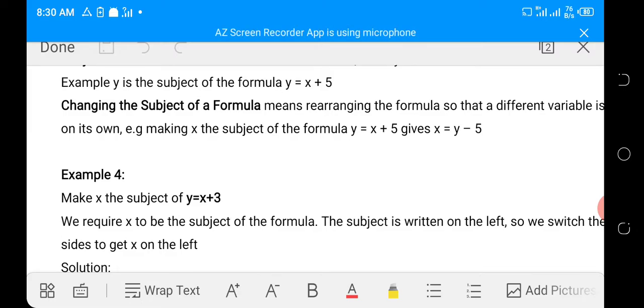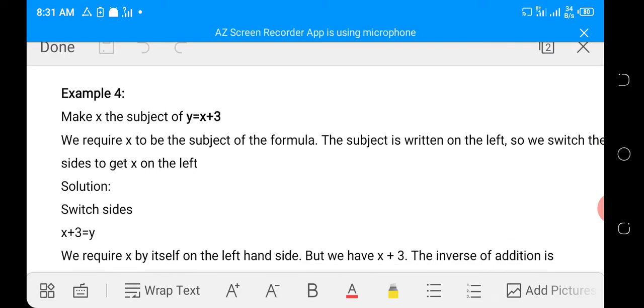The original formula is y is equal to x plus 5, and this has been rearranged to give us x is equal to y minus 5. In this case, x has been made the subject of the formula. To have a clear understanding of this, let's look at some examples.